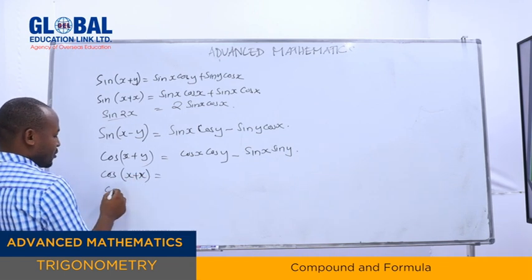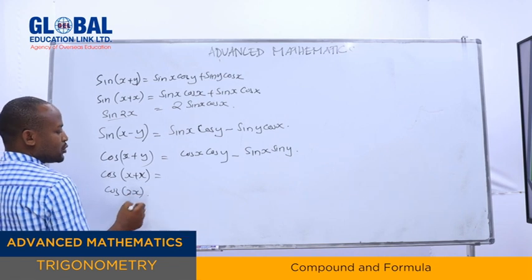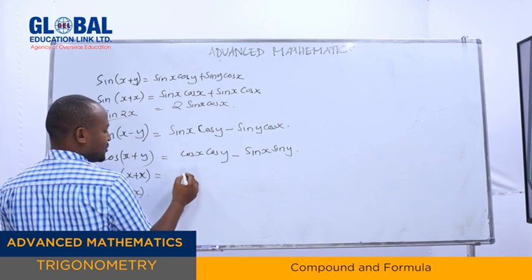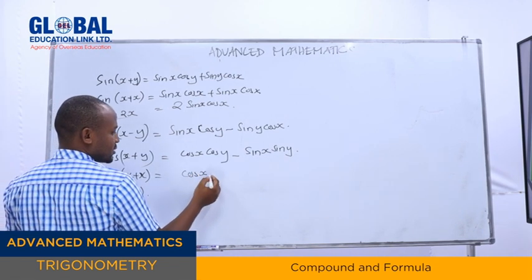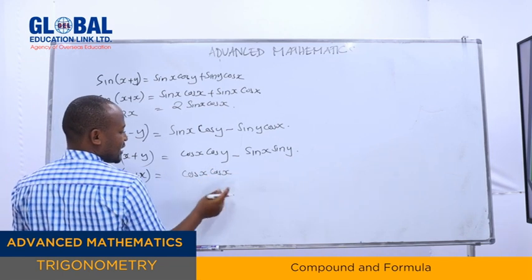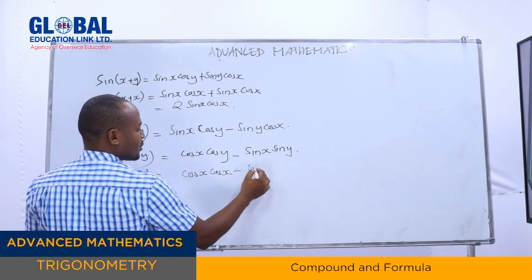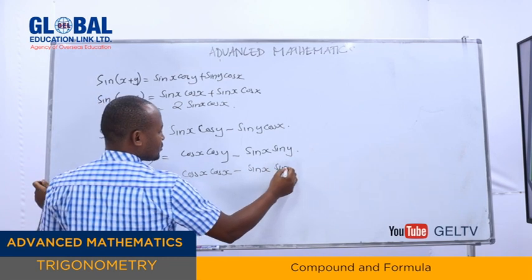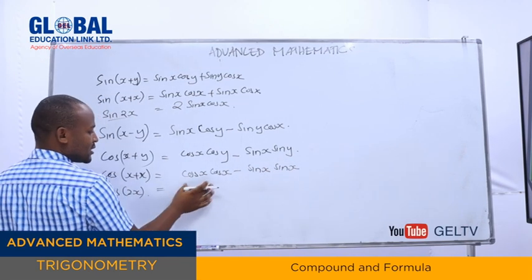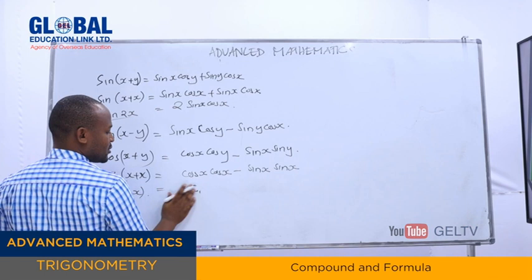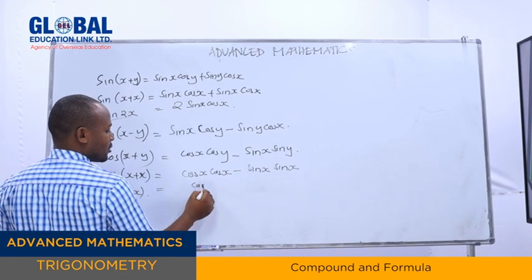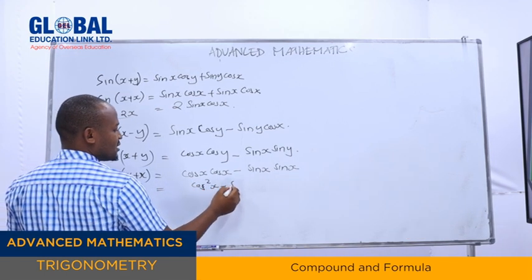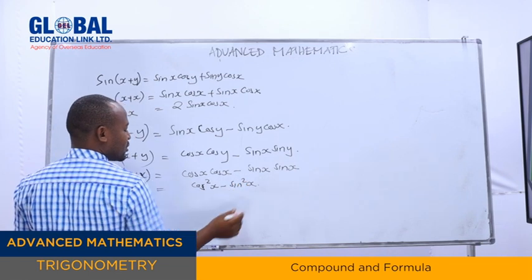That means we have cos 2x, which is cos x cos x minus sin x sin x. That is to say, cos square of x minus sin square of x.